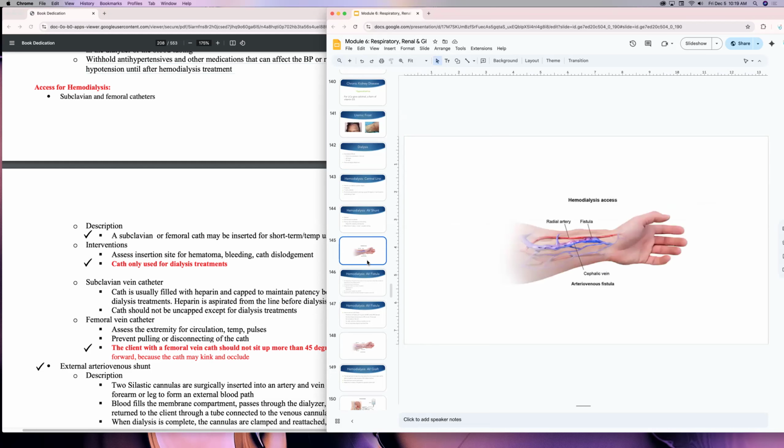So this is an example of an AV fistula. A fistula means abnormal connection. It's something that's not natural.